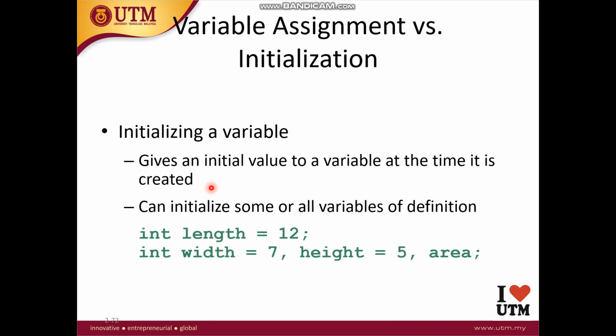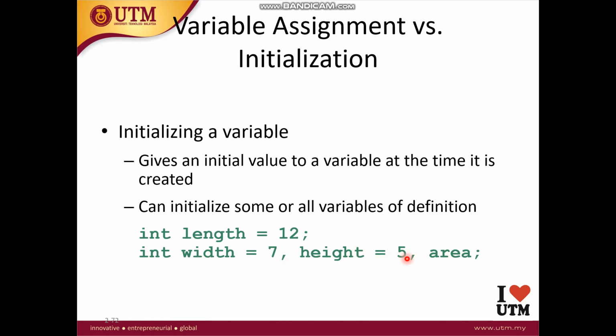How to initialize a variable. You give an initial value to the variable when you are creating it, and you can give a value to all the variables you are creating, or some of them. For example, we are saying int length equals 12. We have initialized length to 12, and here, in this statement, we are saying int width equals 7, comma height equals 5, and comma area.